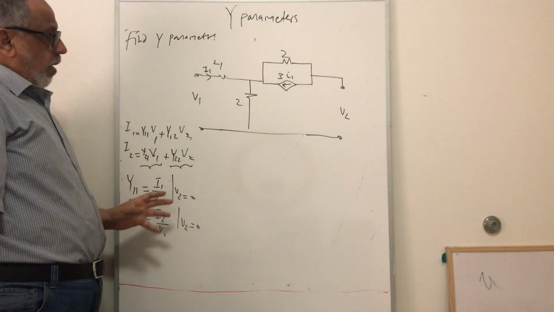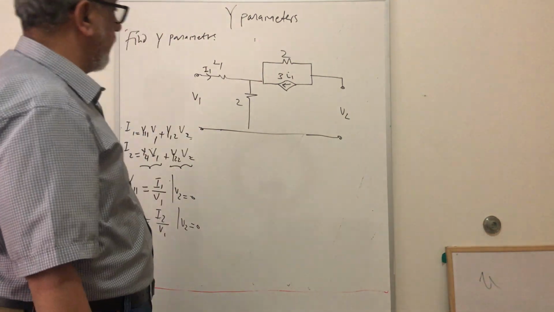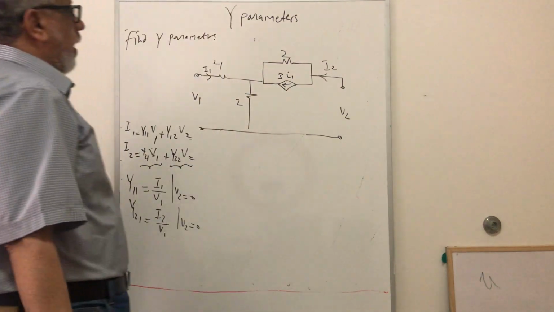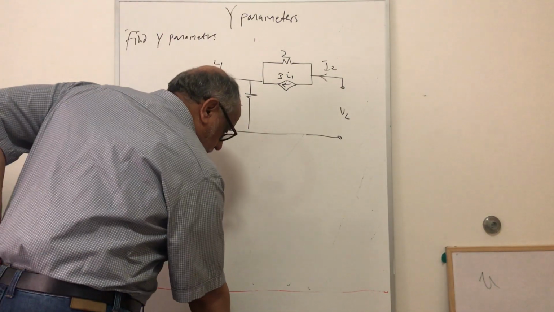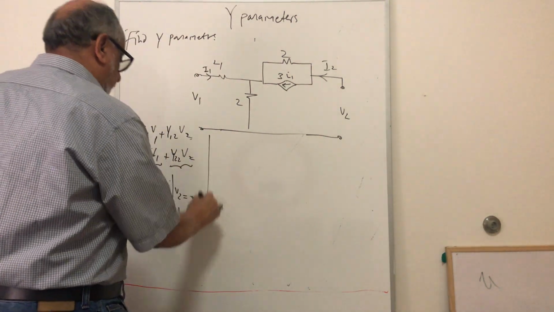So we will short this terminal here and try to find again the current here is I1, I2, sorry, the current here is I2. And we have to find the relation between these two parameters, right? So let's start with the first one.